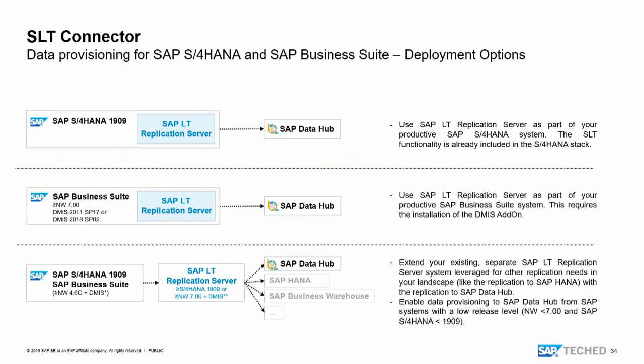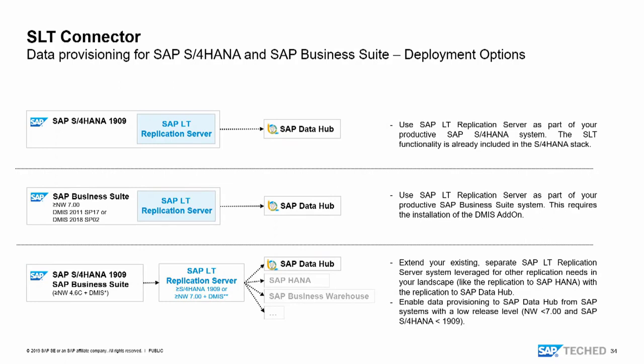However, if you're really going for masses of data and you have already an SLT footprint, an SLT system in your landscape, other replication scenarios, it usually makes the most sense to have SLT on a separate system, because then you can isolate the load that is caused by the data transfer jobs from your productive systems.